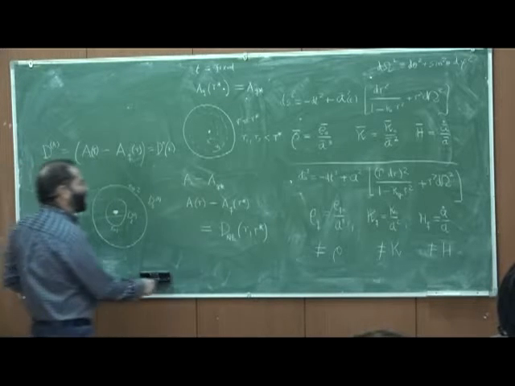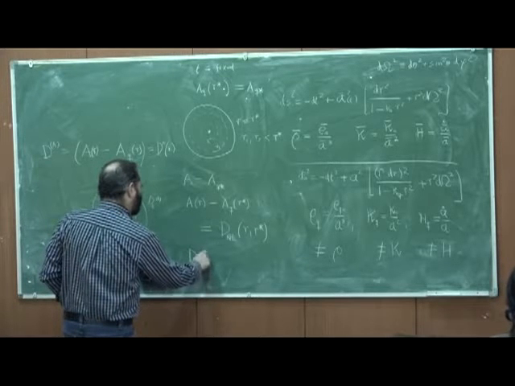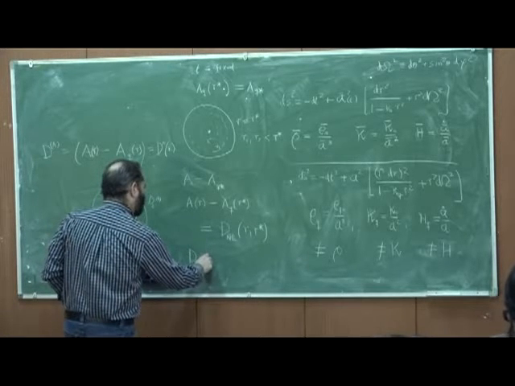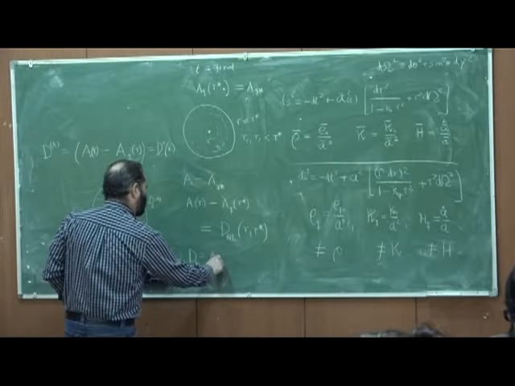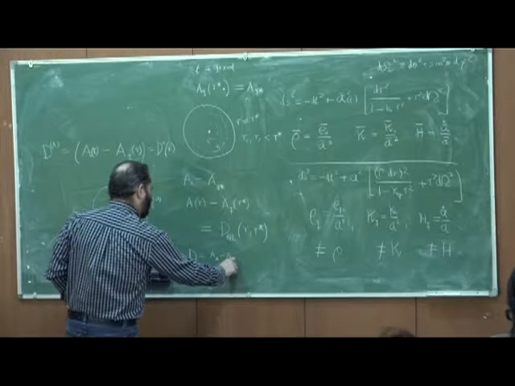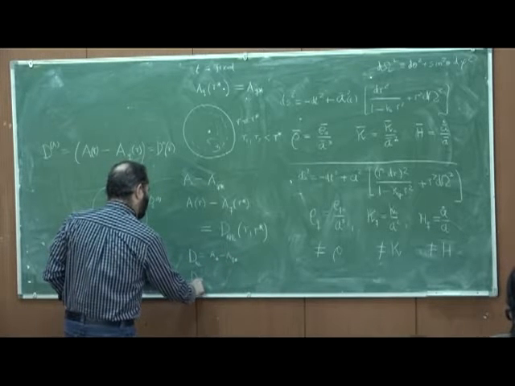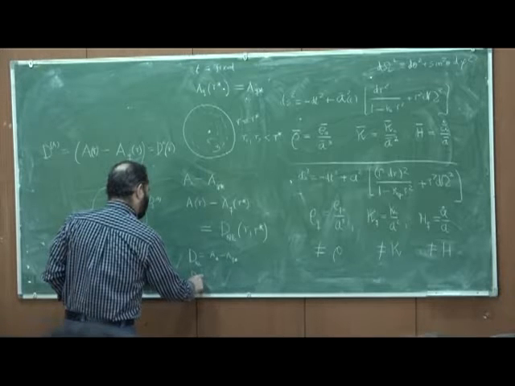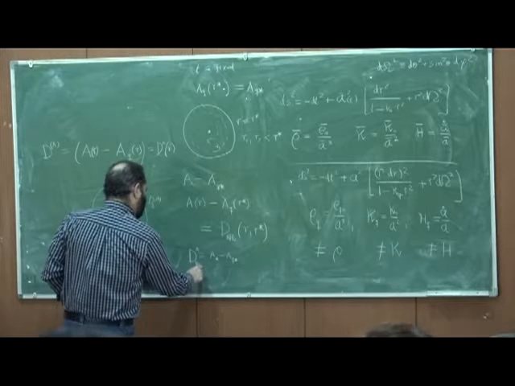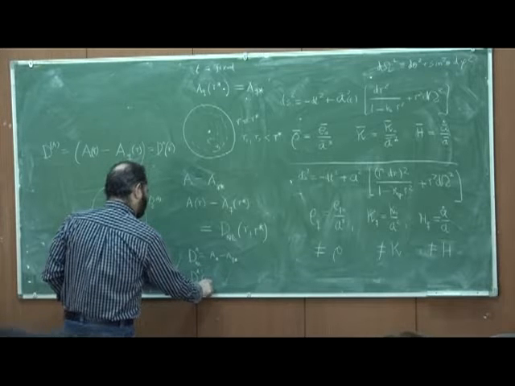Because what happened at the border? At the border we have DNL is A star minus A Q star, and it is the same as the local fluctuation evaluated at star, right?